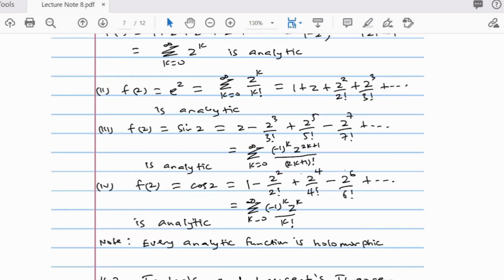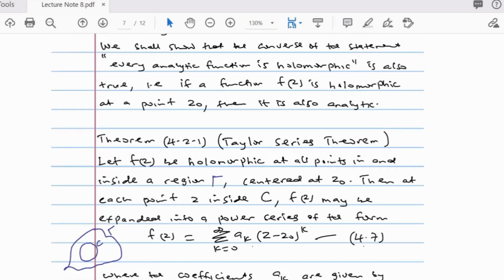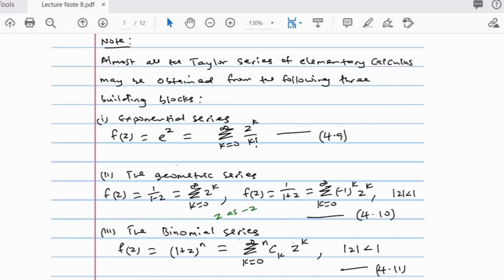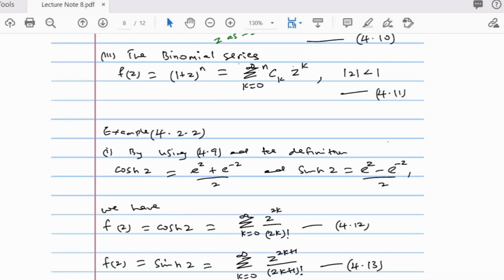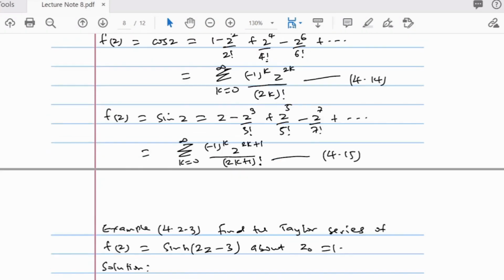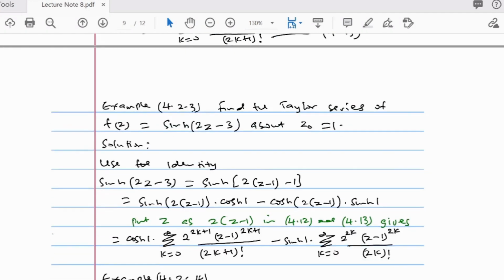To find the power series of any complex function at z naught, you can always make use of 4.7 and 4.8. 4.7 is the power series, and you compute your a_k using 4.8. But if you are smart enough, you can use some of the established series that I've discussed earlier to compute it without using 4.7 and 4.8.